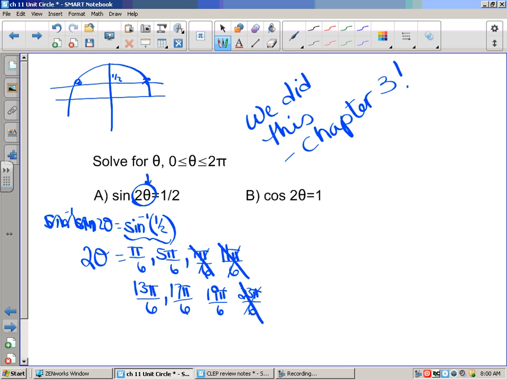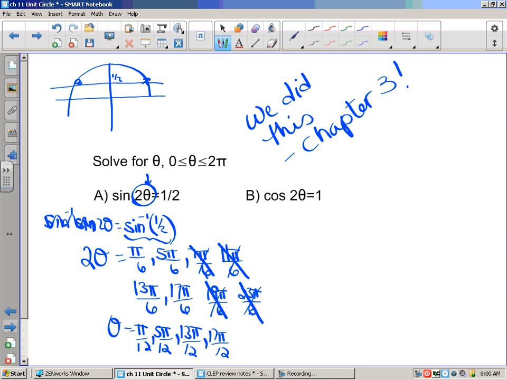In other words, we go around 2 times, and then we solve for theta. So this would be pi over 12, 5 pi over 12, 13 pi over 12, and 17 pi over 12. Does this ring a bell to all of you? I hope so. Let's try another one.